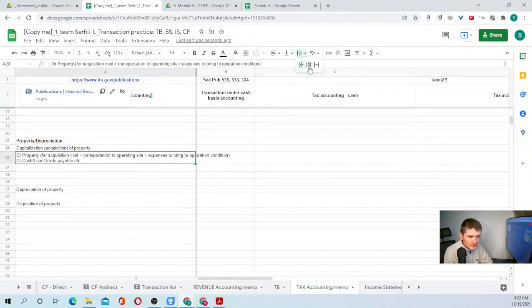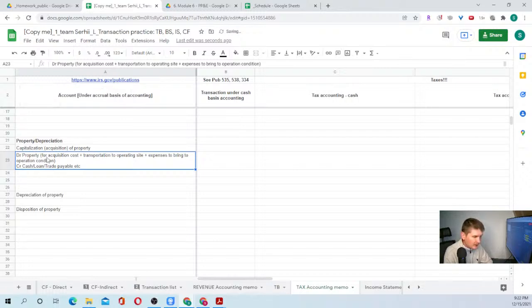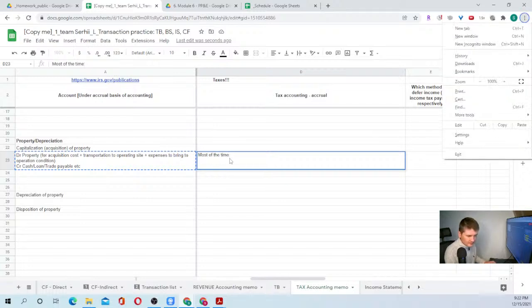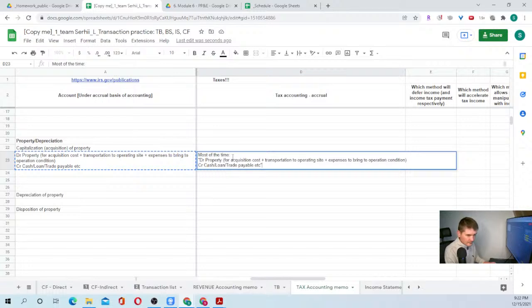Let me do it this way. Under tax, most of the time it will be the same as the accrual basis of accounting.